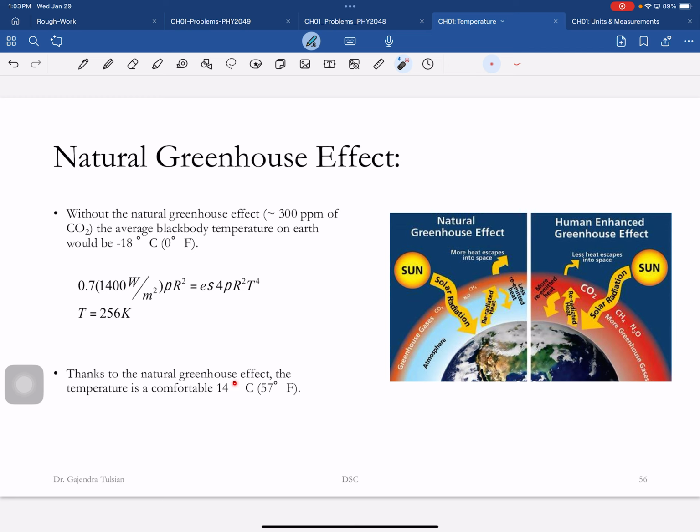So here's the average temperature of the Earth. How do you get the average temperature of the Earth? What does it mean? The hottest and the lowest divided?